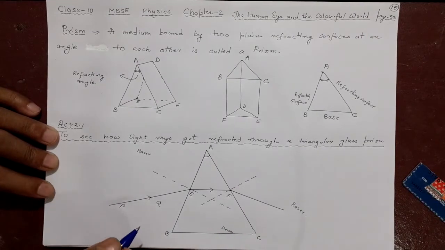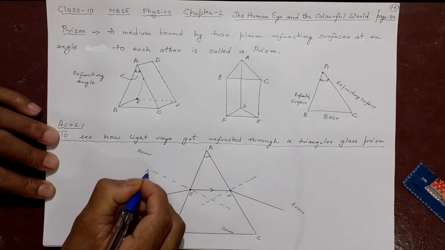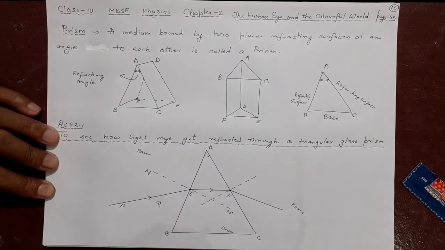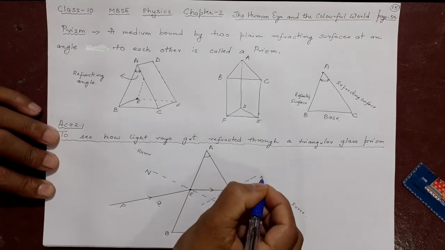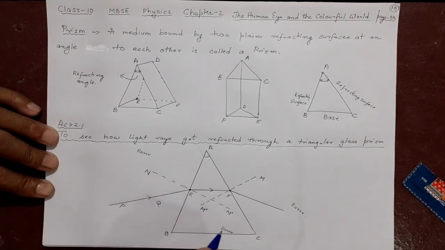Here this is the normal N, this is N dash, just the names of the normal lines. This is M dash, that imaginary perpendicular line, which is why it is written in dotted form.